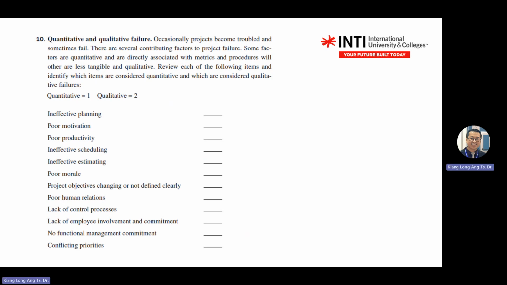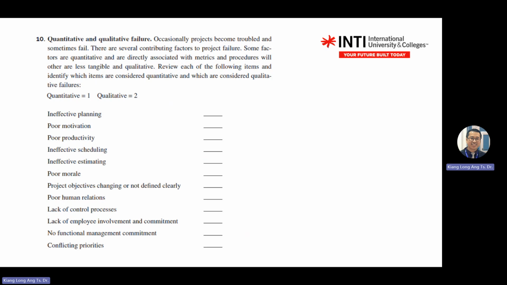Qualitative is subjective. You cannot measure it, but you can feel it. Like you buy a coffee and say, oh, this coffee is very good, but it's very subjective. Some people feel it's a good coffee, some people feel it's a bad coffee. Tropical food like durian, some people like it, some people don't. So it's a very qualitative perspective.